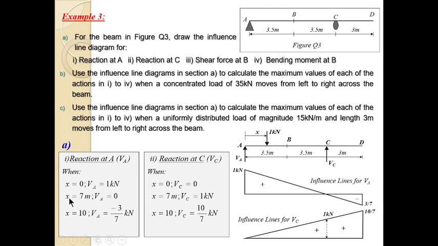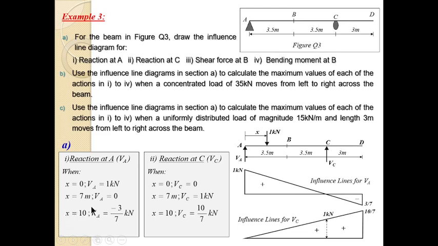In the same vein, when x is equal to 7, this is from A, this is 7, C is 7. So that means the 1 kilonewton point load will be directly on top of VC. And so in that case, VC will be the one carrying the load, and VA will be equal to 0.